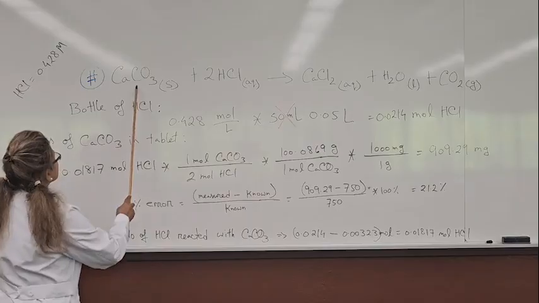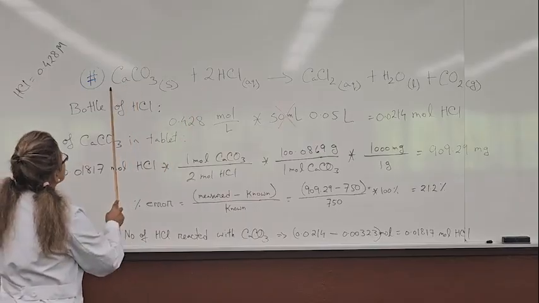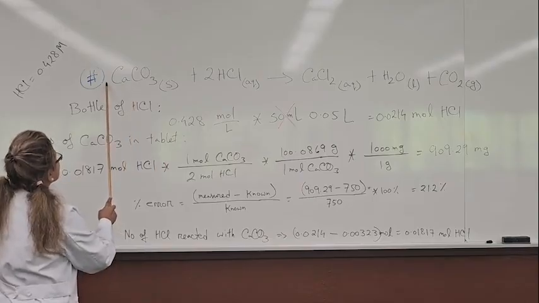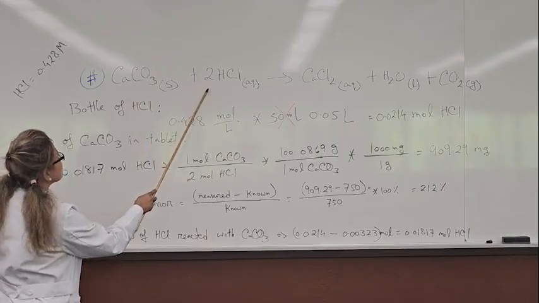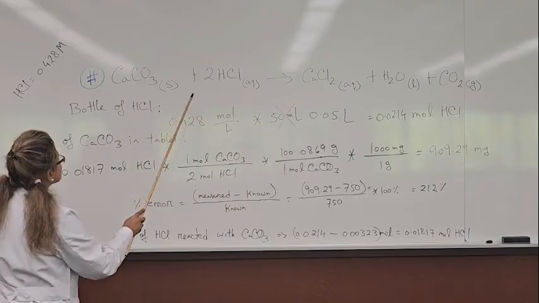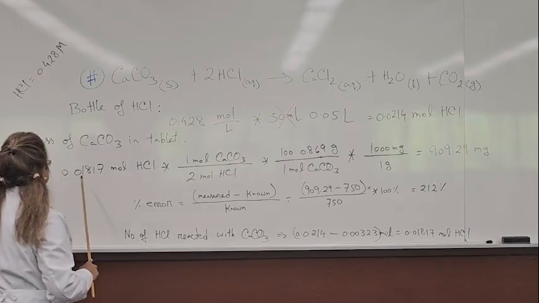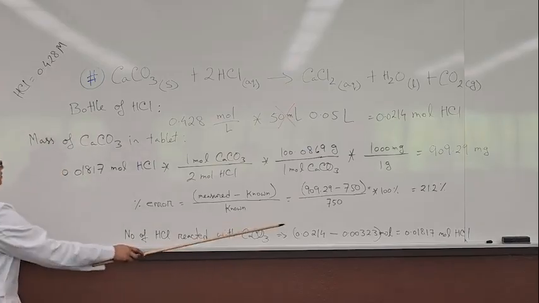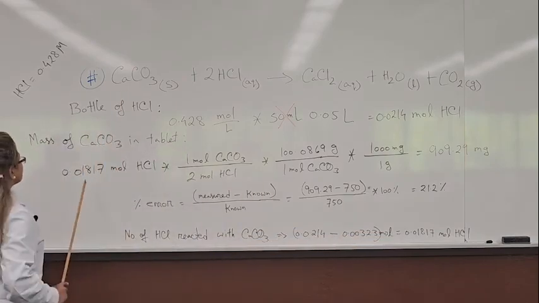As you see, this is also a stoichiometry reaction. This time 1 mole of calcium carbonate reacts with 2 moles of hydrochloric acid, so this is a 1-to-2 ratio, okay? So this mole of hydrochloric acid actually reacts with calcium carbonate.